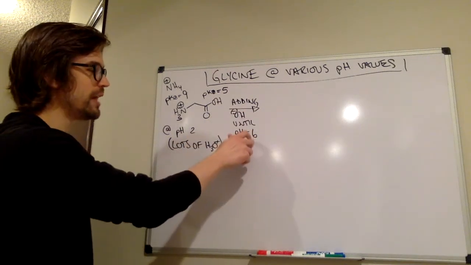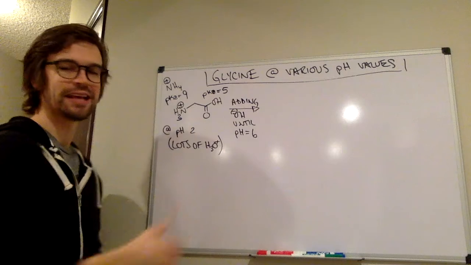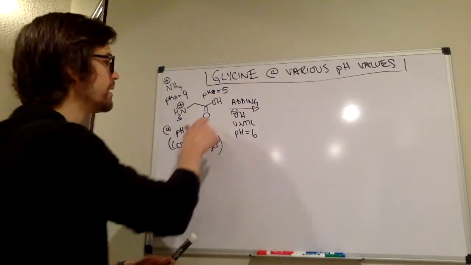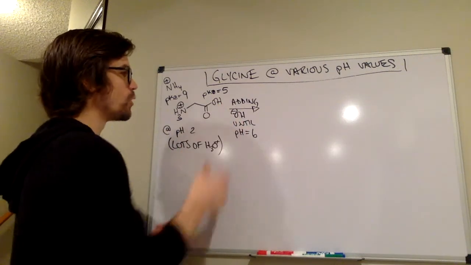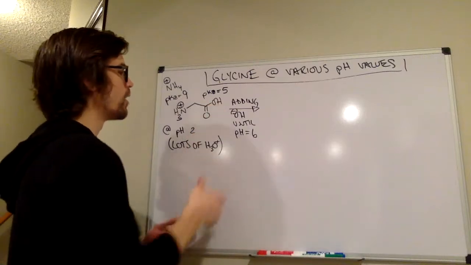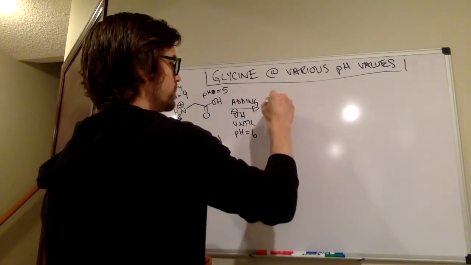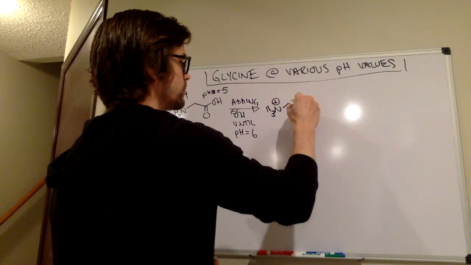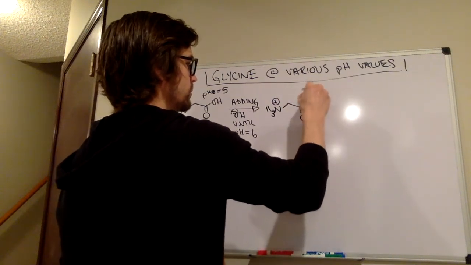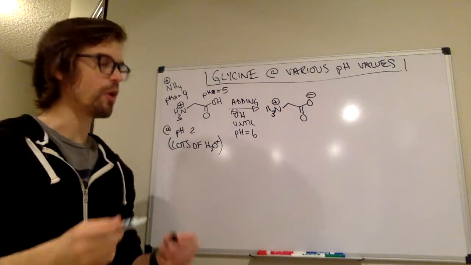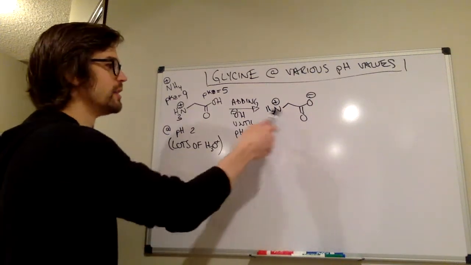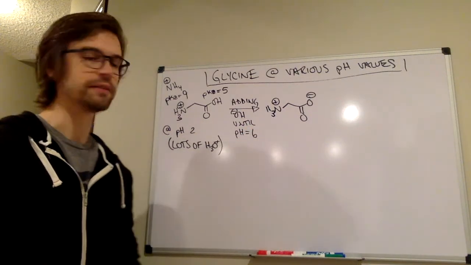But once we get to pH 6, we are past that equivalence point, and that OH minus is going to deprotonate that carboxylic acid, which will take us to the structure here, where we have the deprotonated carboxylic acid and the protonated amine.